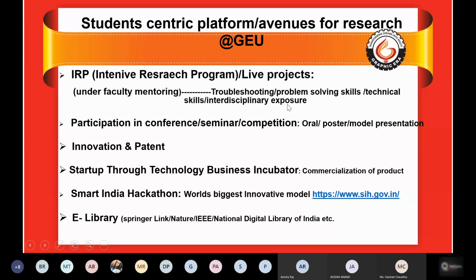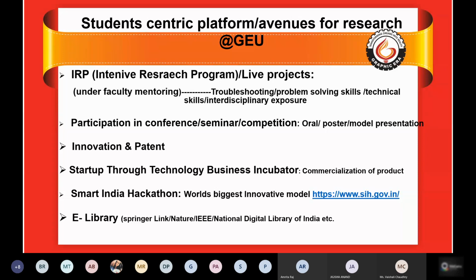So in my coming slides, I will give you an idea how you can inculcate the research things in your, and the very important thing is after first year, when you go in the second year, you will be focused on how to do the research and what are the avenues the university is giving.